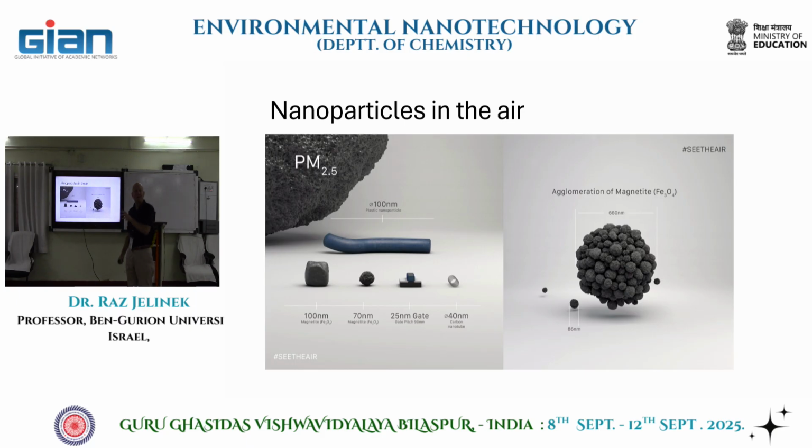These are particles that have a diameter of approximately 2.5 micron. Everybody talks about PM2.5 because they go into our lungs, and then from the lungs they can spread throughout our body and cause damage.